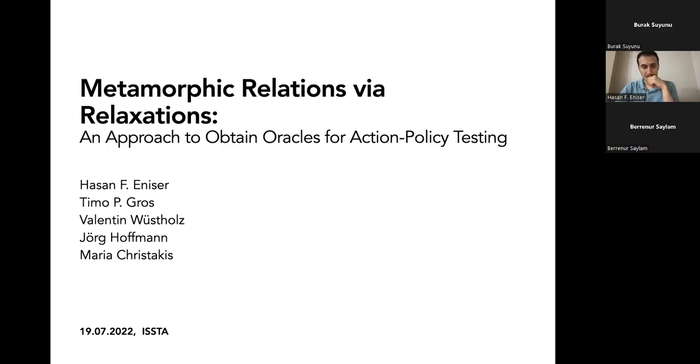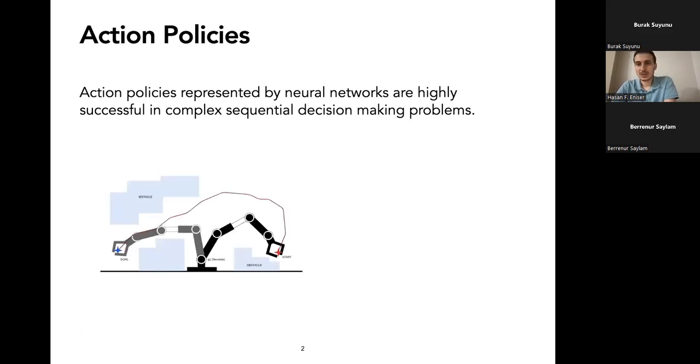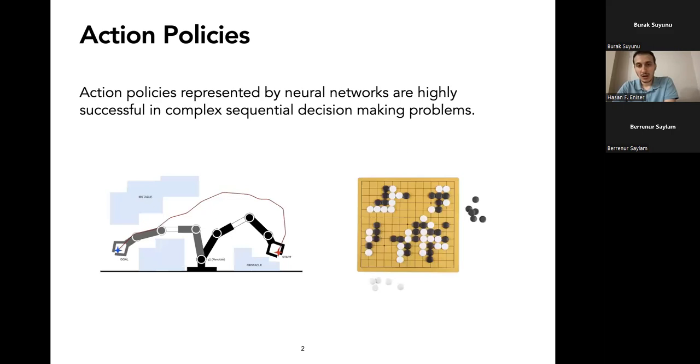Okay, let's get started. As you may know, action policies represented by neural networks are highly successful in many complex sequential decision-making problems, such as robot planning or game playing. Traditionally, once the policy has been learned, you feed it with states to obtain the next predicted action.